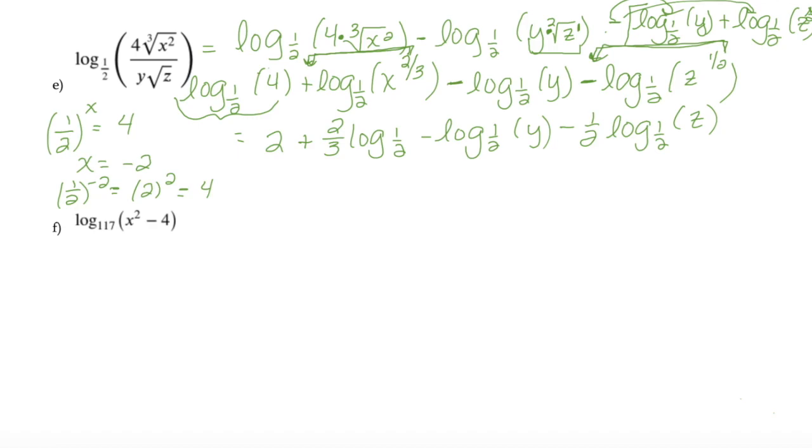The last one is interesting because notice we have x squared minus 4. We don't have a rule for logarithms when we are subtracting within our logarithm. We only have multiplication, division, and power rules. I can't use my power rule here because the exponent is attached to the -4 as well. But since this is a difference of perfect squares, we can factor this. This would then be the same as log base 117 of (x plus 2)(x minus 2).